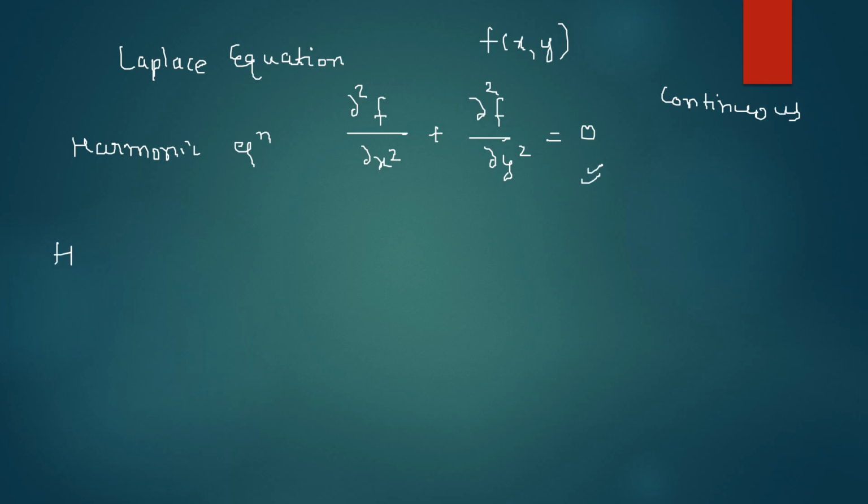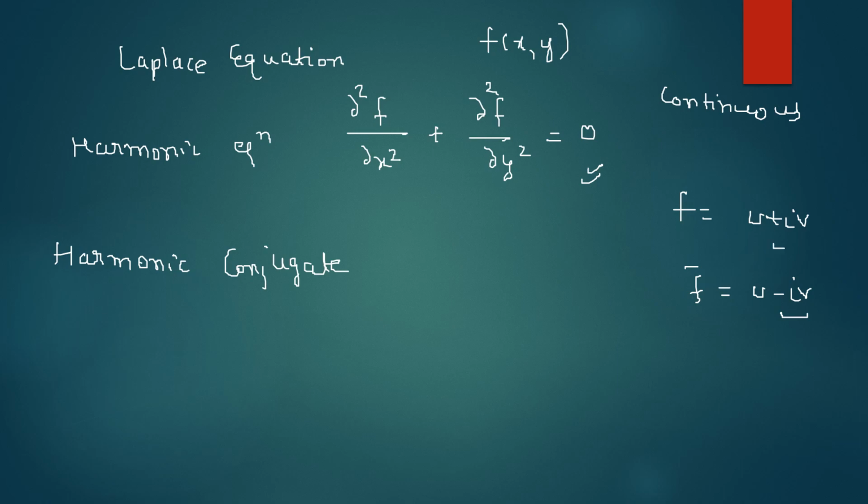If you have to find the harmonic conjugate, you know what a conjugate is in complex numbers. Let's say you have a function in the form u plus iota v, then its conjugate will be u minus iota v. That means you change the sign of the imaginary part. If it is plus, it becomes minus, and if it is minus, the conjugate will have a plus sign. In the harmonic conjugate of a function, you have a function already, let's say u(x, y).